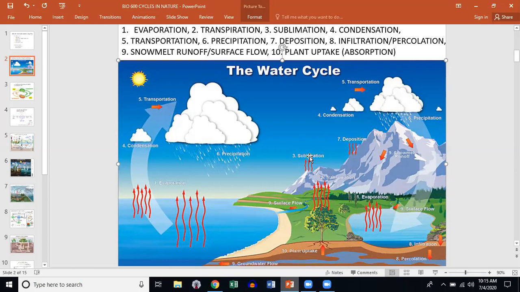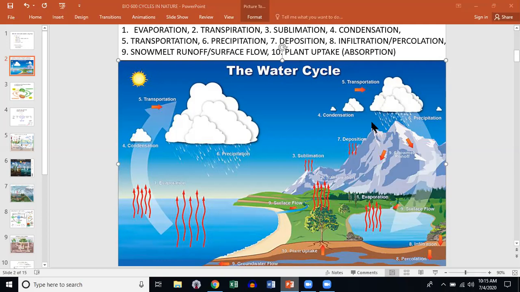Air is pushed up the mountain range, and as it's being pushed up the mountain range, that warm, humid air is cooling down. And as it cools down, it condenses again and has more precipitation occurring, all right?